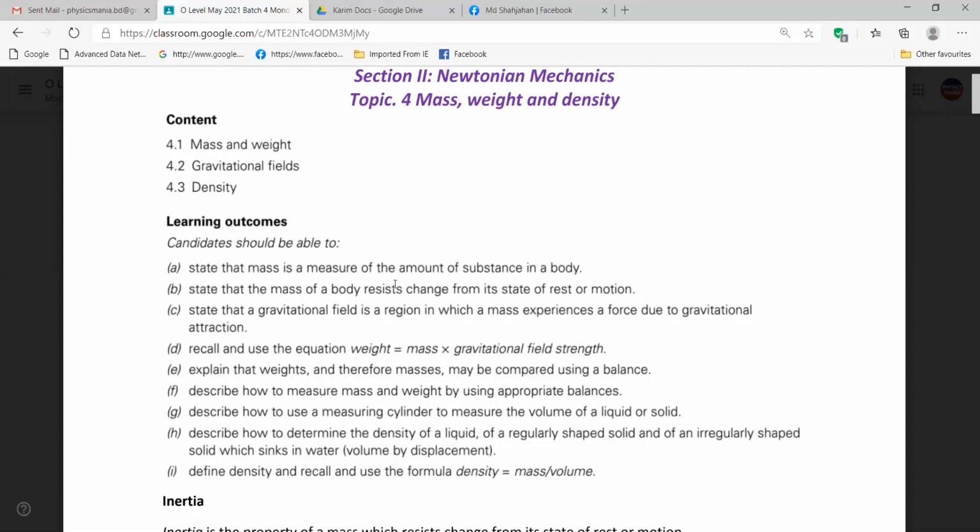So the idea is that the more massive things tend to stay at rest, if they are at rest. But sir, we can't say that the more massive, because there is a substance called aerogel, which has a huge block, more than 2000 cubic centimeters, and it's only 1 kg.